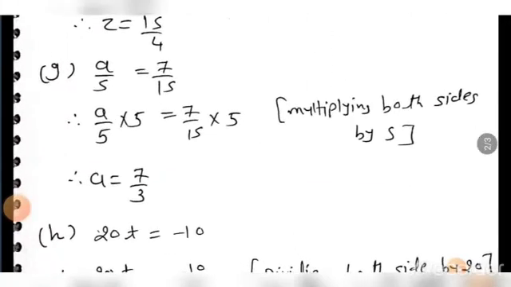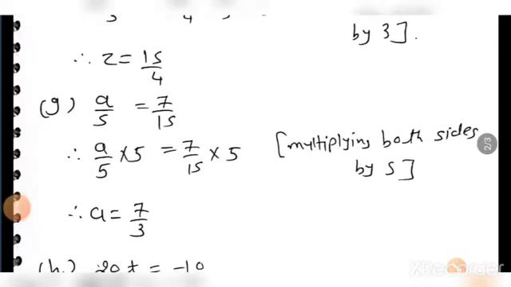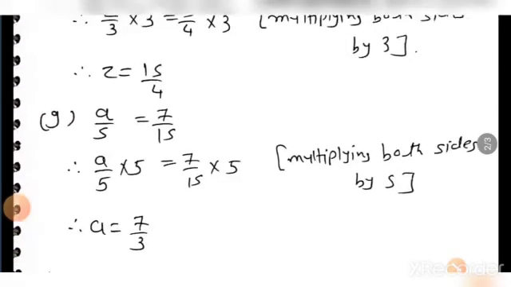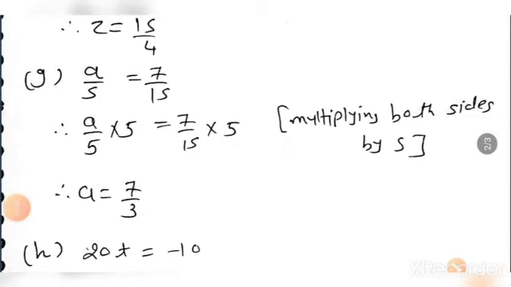After that, the question a upon 5 is equal to 7 upon 5. So a upon 5 is equal to 7 upon 5.